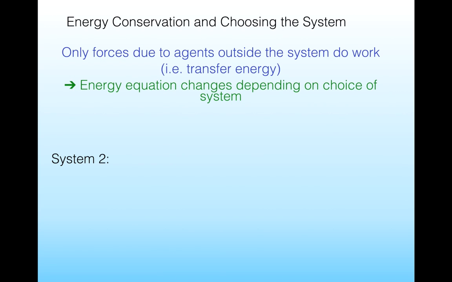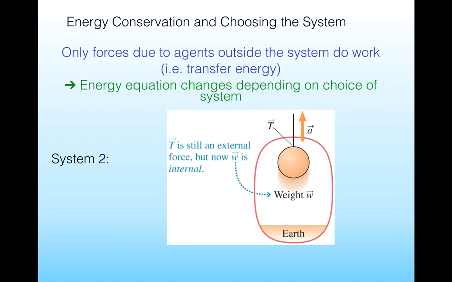For the second system, again, it's a bigger system. If we step back, and now we also encompass the Earth in our system, we can see now the Earth is part of our system. That means that the force due to gravity, due to the Earth, is also internal to the system.